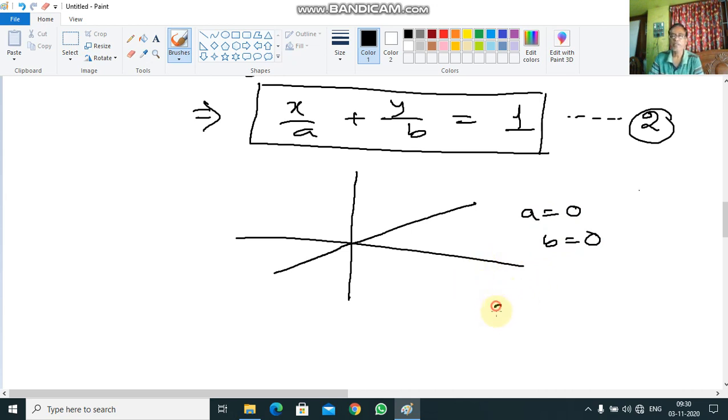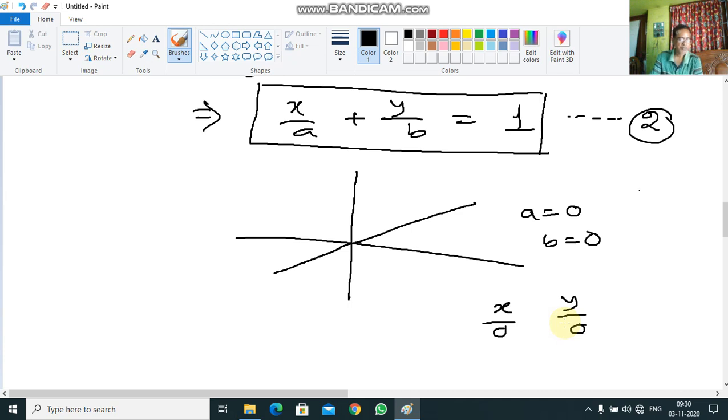Therefore x by 0 and y by 0 both become indeterminate. For this reason, the equation of a line passing through the origin cannot be expressed in the intercept form.